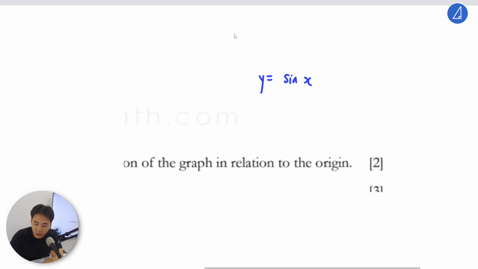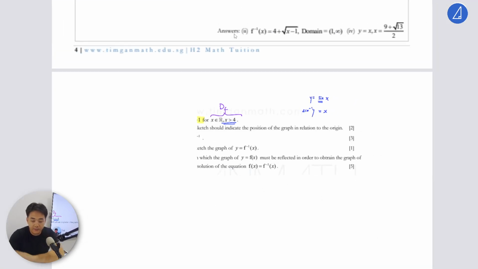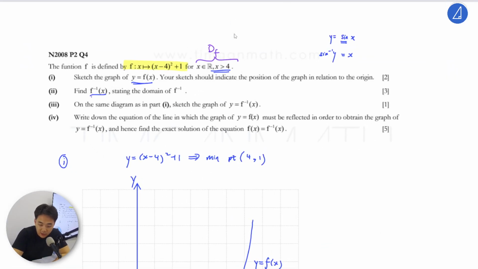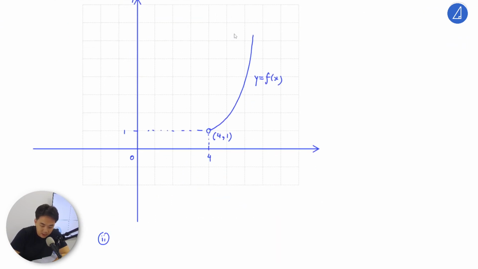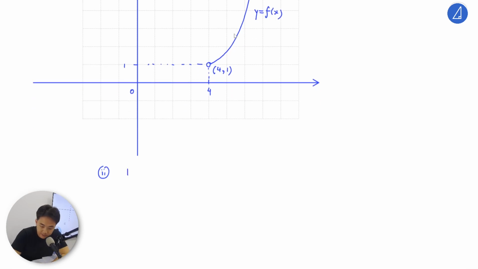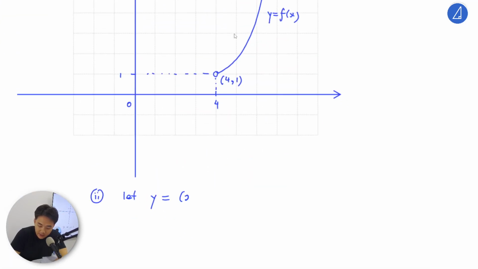I said this before: when we say y equals sine x and ask you to find the inverse function, inverse function just means you make x the subject. So sine inverse y equals x. Same thing here. If you want to find the inverse function, this is a standard template. You just let y equal the equation, which is (x minus 4) squared plus 1.